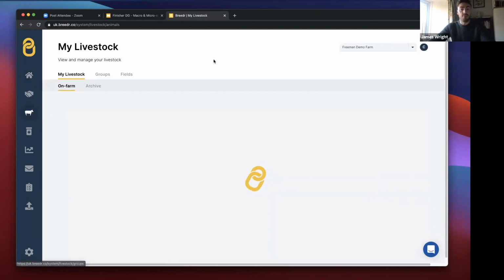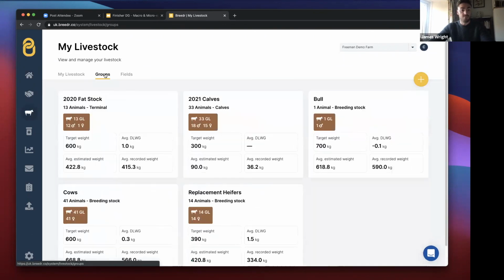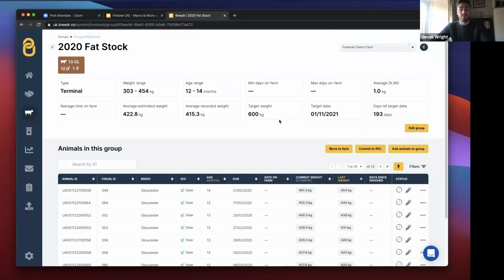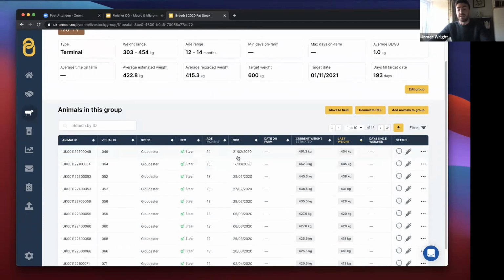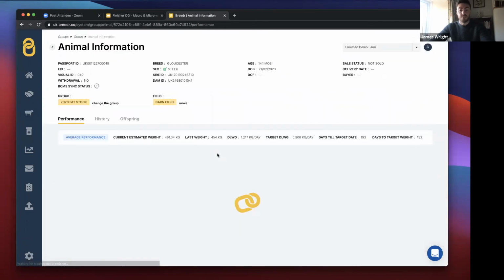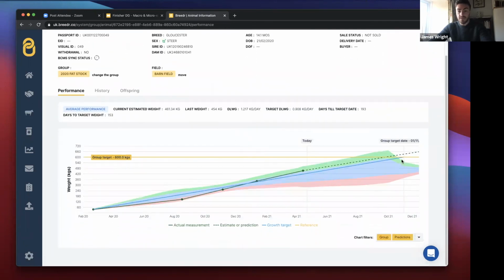So with your groups, for example, I've got my fat stock group here that I have set my target weight and my target date. And if I am regularly weighing my animals, then if I click on one animal, I can see my target date, my target weight, and I can see along that blue line, that's my target line, how far below or above they are, and when they are predicted to achieve my targets.